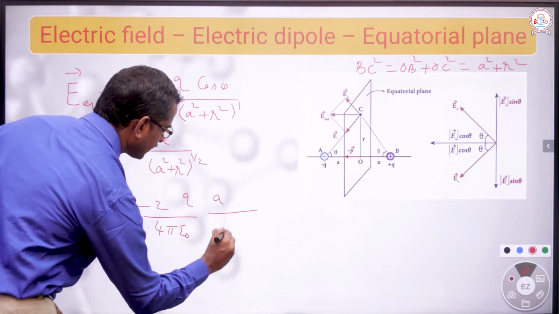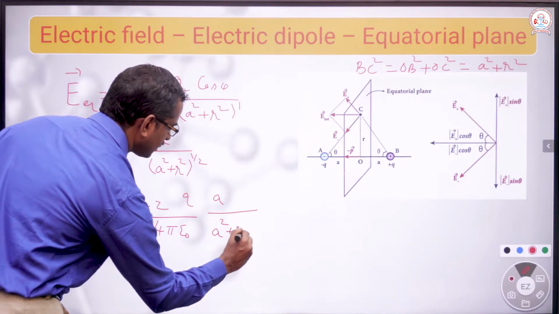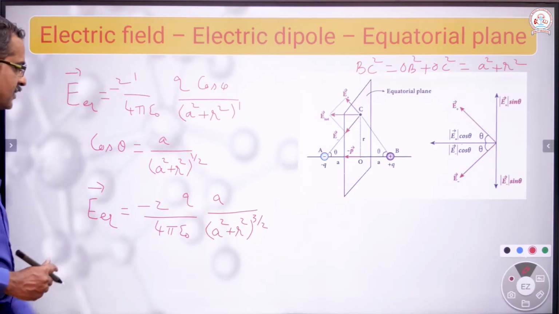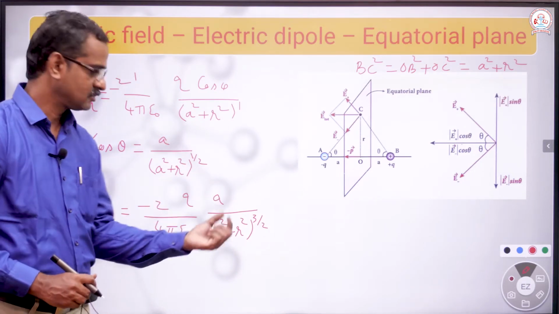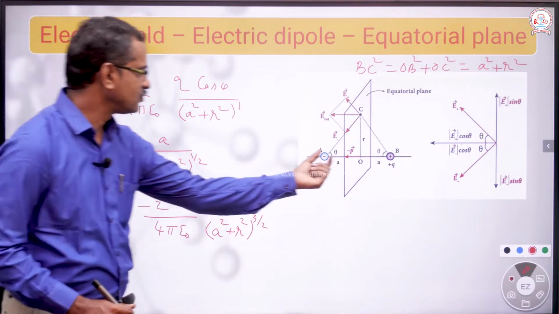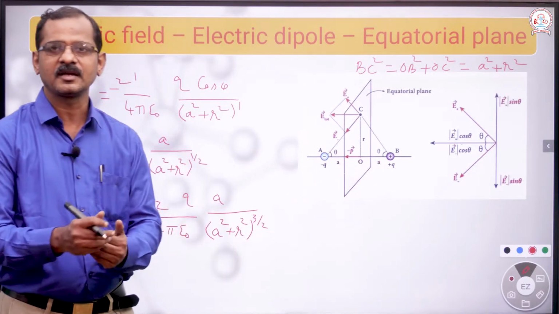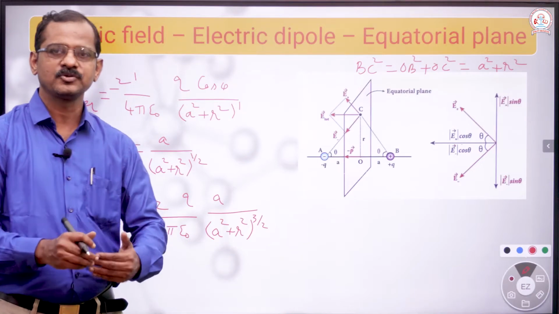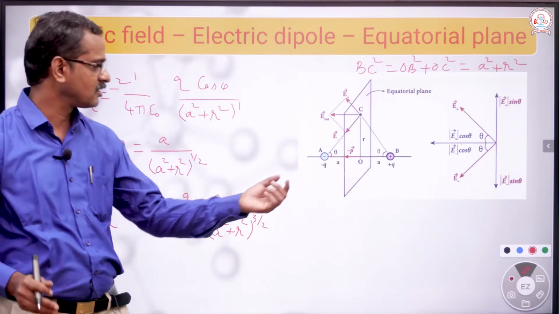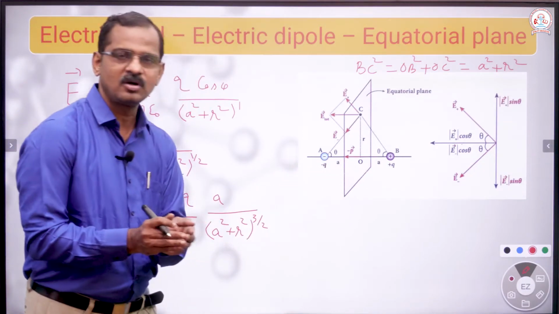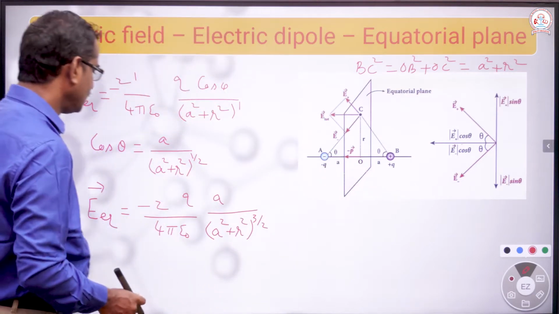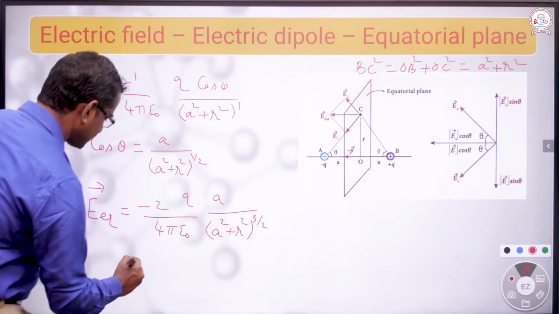Therefore, we can write here A square plus R square to the power 3 by 2. Just like the previous case, the value of A can be neglected in the denominator. A is very small. As per the definition of the electric dipole, two equal and opposite charges separated by a small distance constitute an electric dipole. 2A itself is very small, then A must be very, very small. So, for calculation convenience, we neglect this.